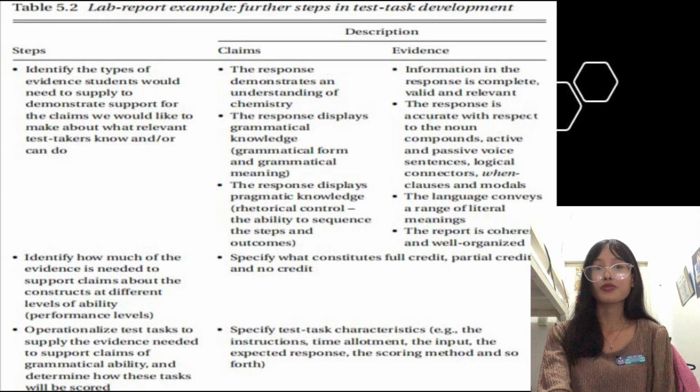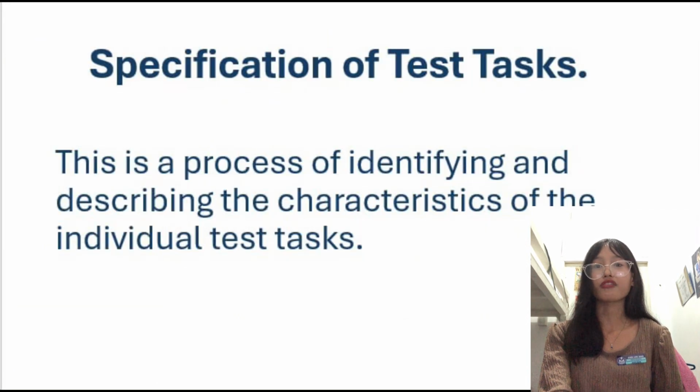So on this step, establish how much evidence is required to demonstrate different levels of grammatical ability, and operationalizing test tasks and scoring. So this involves specifying practical details of the test task, instructions, time limits, expected response formats, and the scoring method. An initial step in operationalization of the test construct is the specification of the test task.